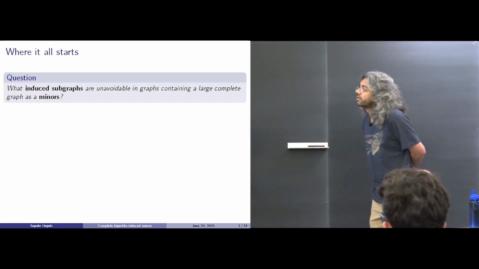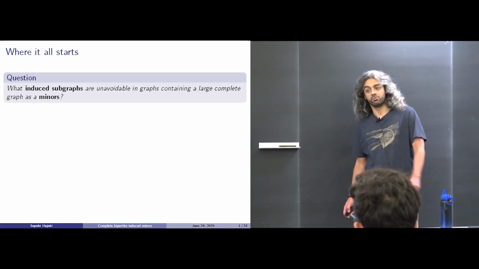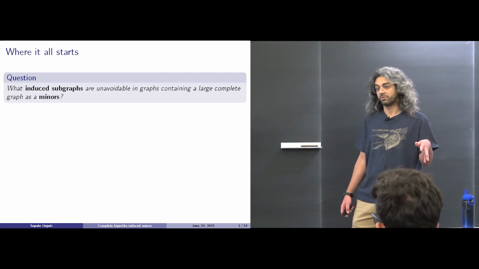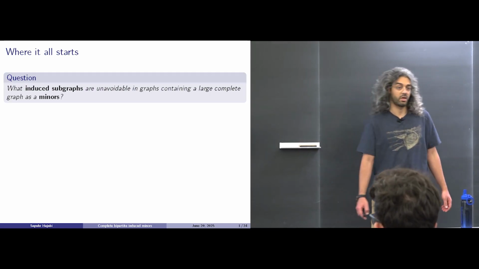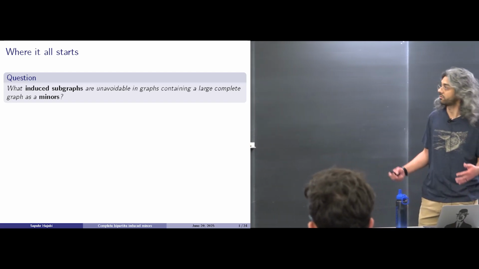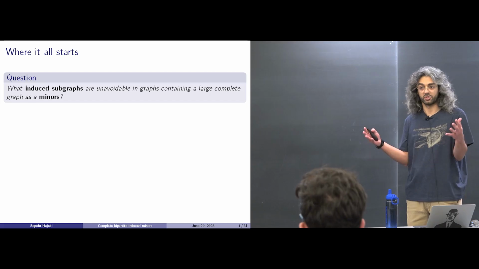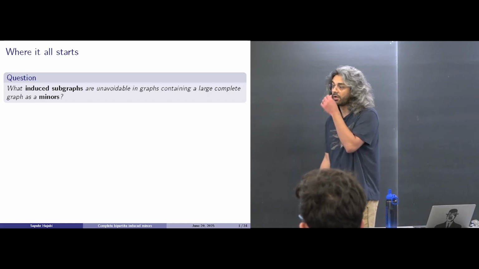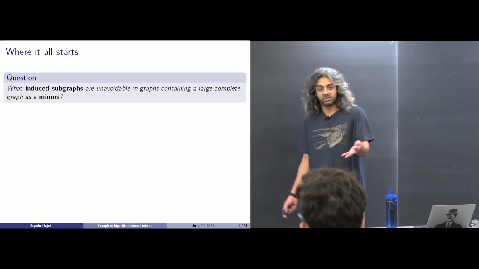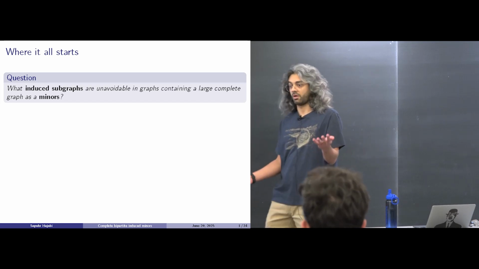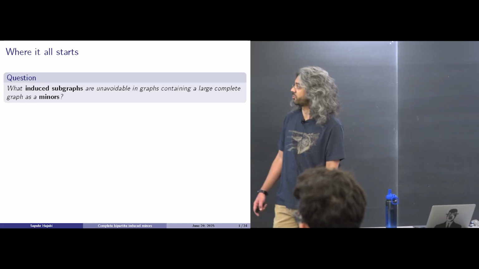So you see, I like structural graph theory, which means almost always I'm thinking about either graph minors or induced subgraphs. And graph minor theory is very much about if you exclude a large graph, a large complete graph, as a minor, then the graph you're dealing with is not complex anymore. You more or less know the structure of the graph, and you can use it in all sorts of ways.